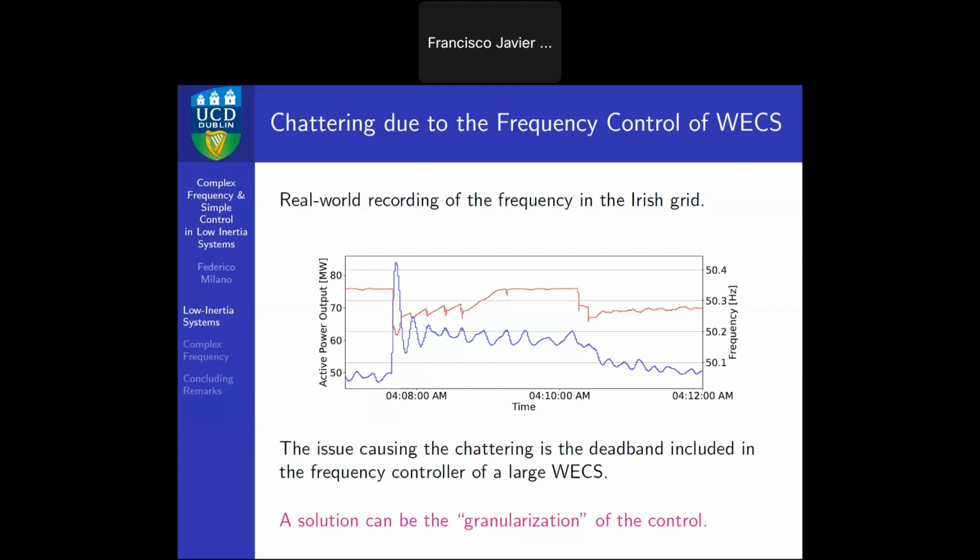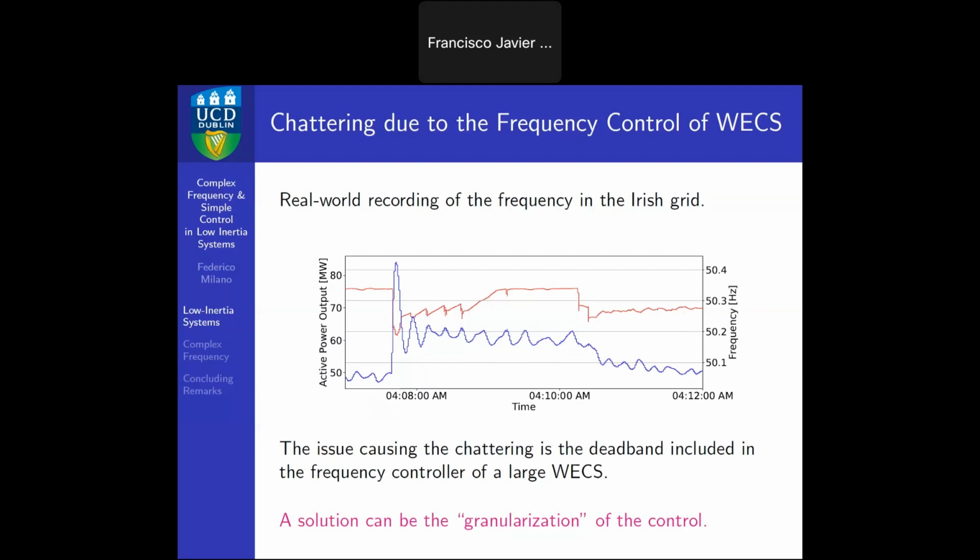And the dead band is the problem, because this wind power plant, again in Ireland, is a large power plant that can have an actual effect on the frequency. It's not just providing a little bit of power. Any big power plant can change the frequency, and this one was effective. It was able to bring the frequency back into the dead band.